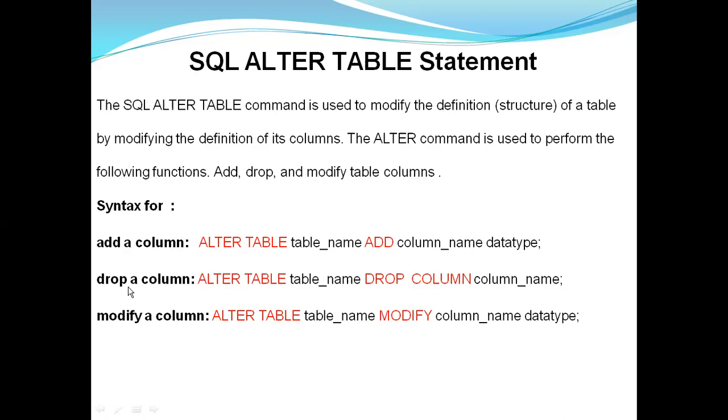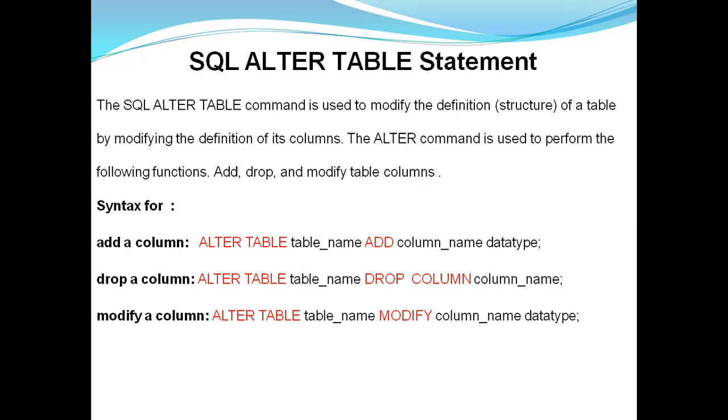Same way for dropping: alter table, table name, drop. But when you are using drop, you have to use the keyword column: drop column, column name. Very simple. Then modify. What is modify? Modify means two things: changing the size and changing the data type.